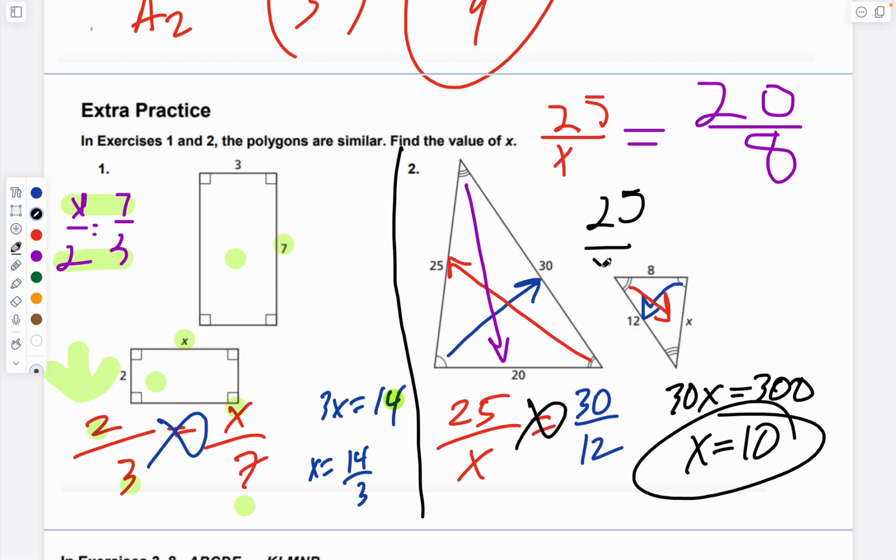I can't go 25 over x equals 12 over 30, left to right. That's a common mistake a lot of people make, and then they go right to left. You got to stay consistent. 25 over x left to right equals 30 over 12. This is not allowed. Don't do that. Okay?